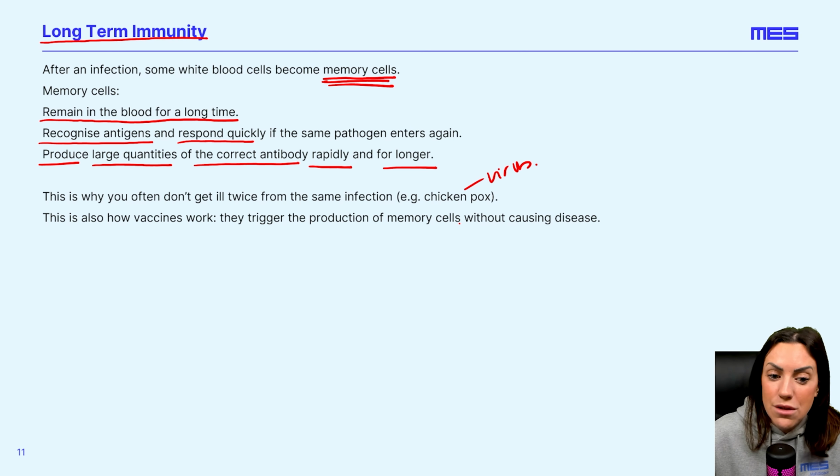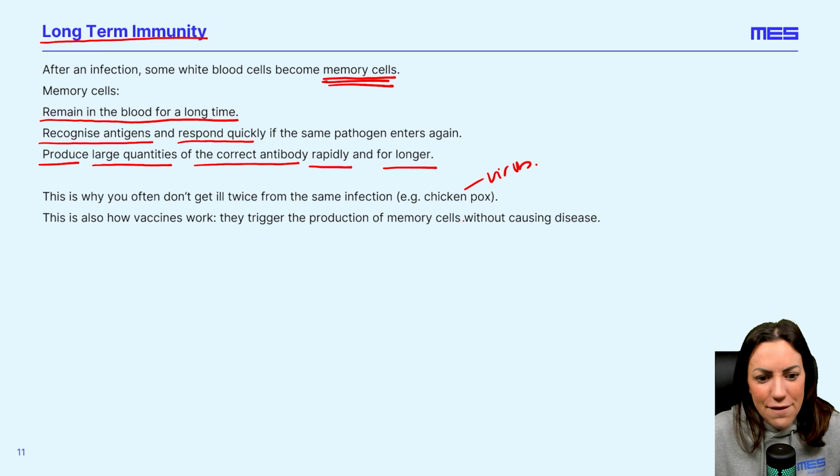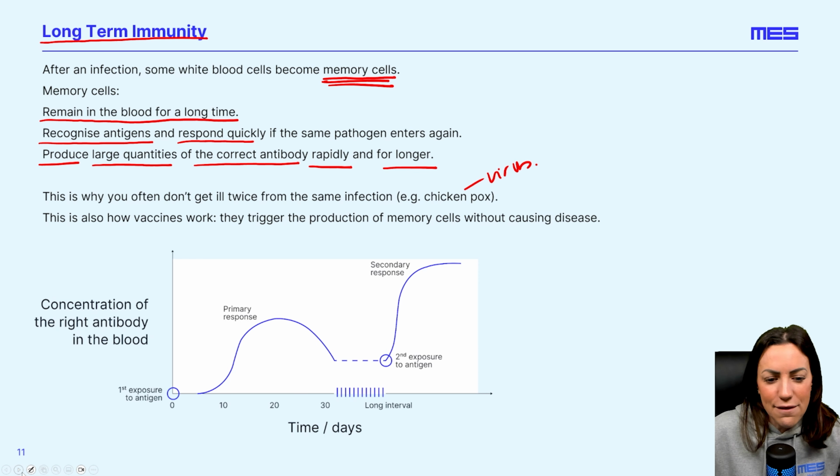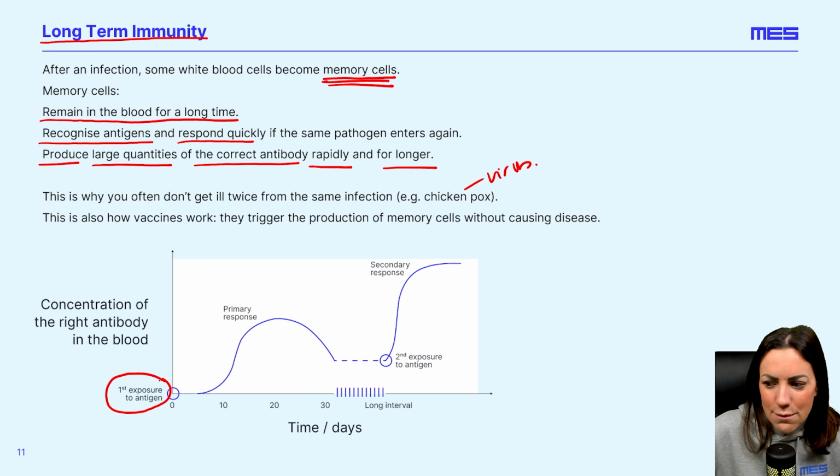So they introduce the pathogen into your bloodstream so that you make memory cells. So if you get that infection for real later on, you can recognize the antigen. Let's have a look at this on a graph. So let's imagine the first time you are exposed to a pathogen, the first time you get chickenpox, right? The first time your immune system is exposed to the chickenpox virus with the antigen.